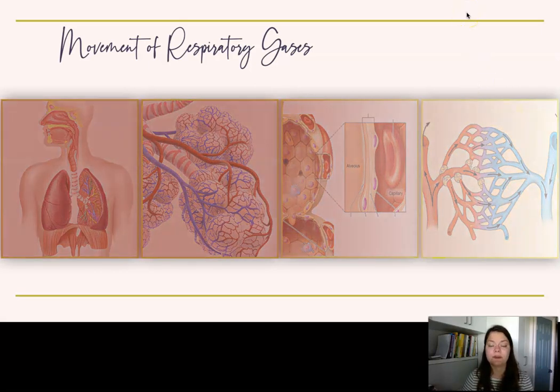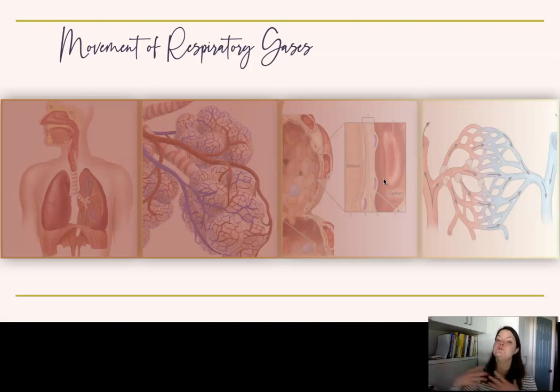And of course, we're keeping a high concentration gradient. So the atmosphere has a higher concentration of oxygen than what you would find anywhere else in the body. That's going to allow it to diffuse into the alveoli, diffuse across and into the blood. From the blood, we're constantly moving the blood that's in the lung out, and then it's carrying it to body cells that are going to be frequently using the oxygen.